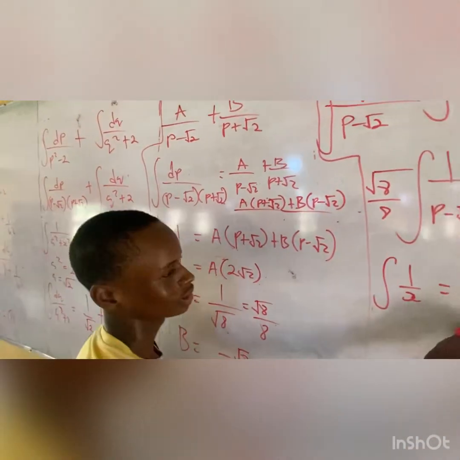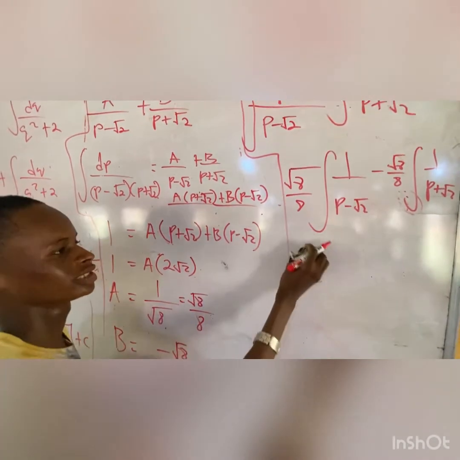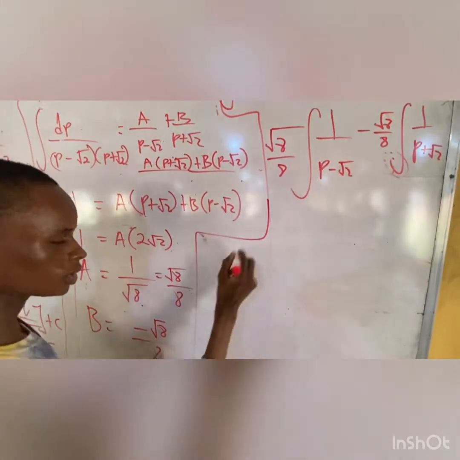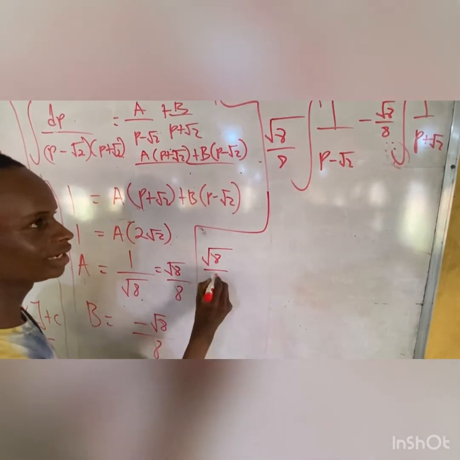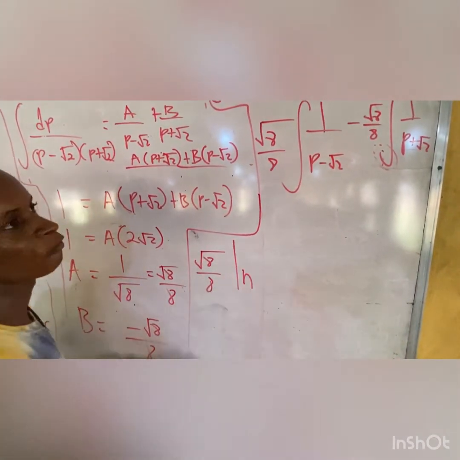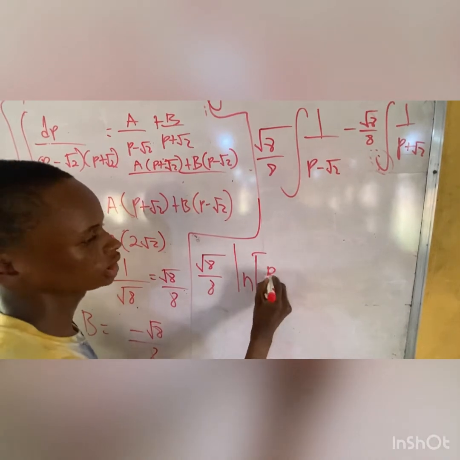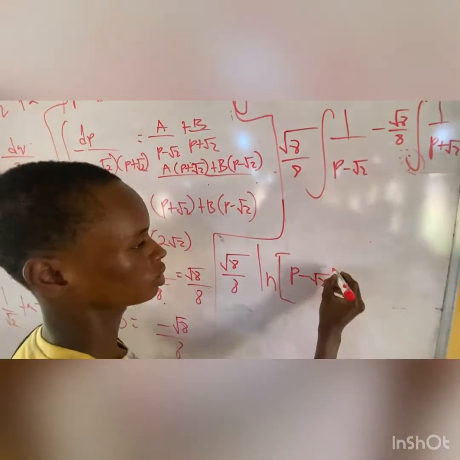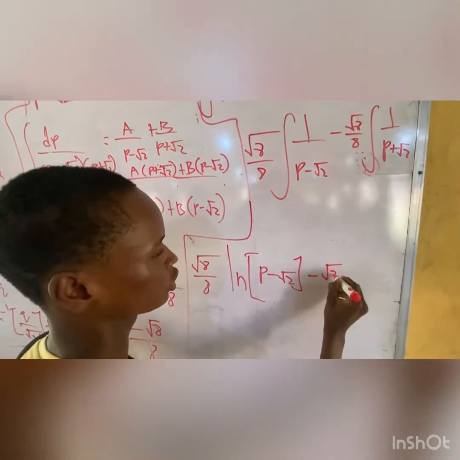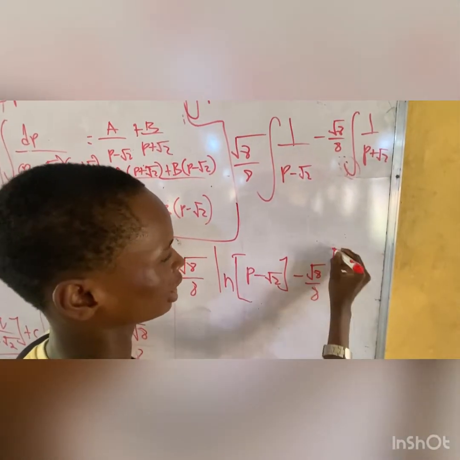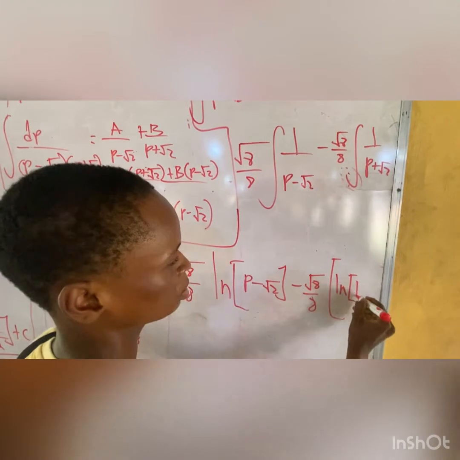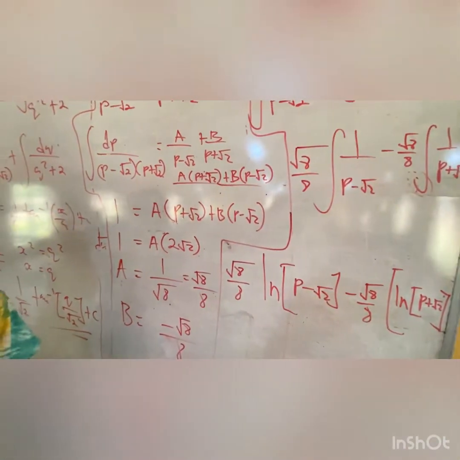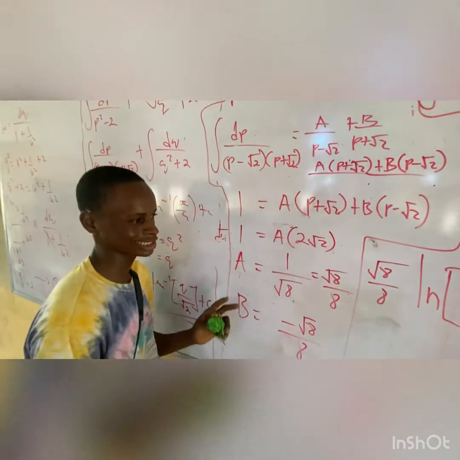So we have root 8 over 8, the natural log of P minus root 2, minus square root of 8 over 8, the natural log of P plus root 2. So we are coming to the final stage.